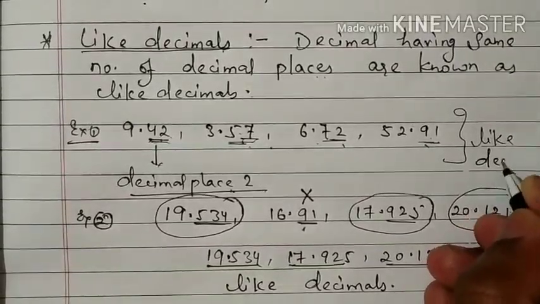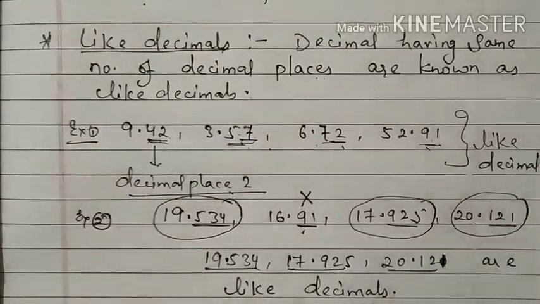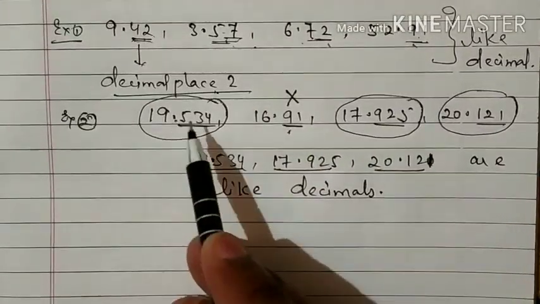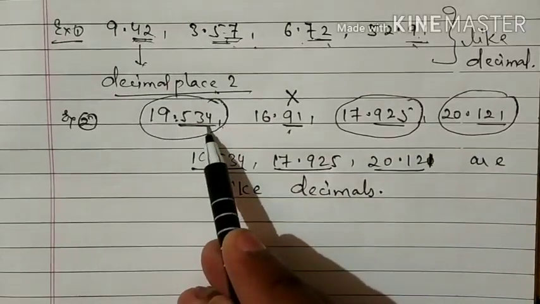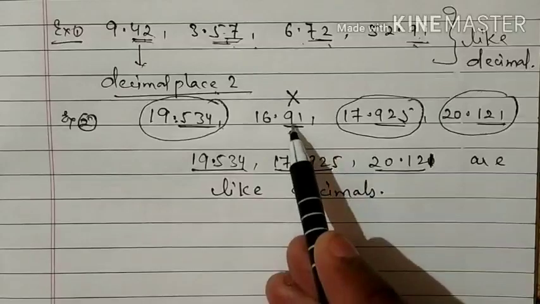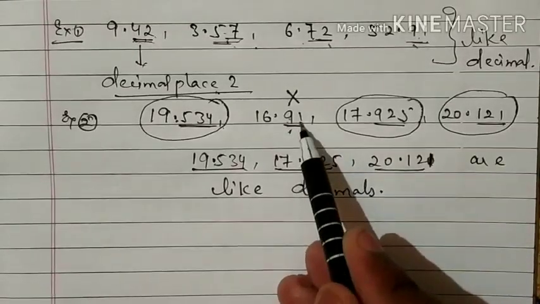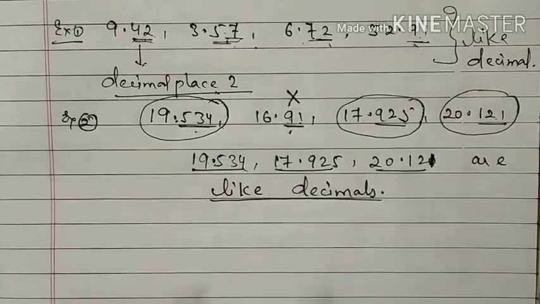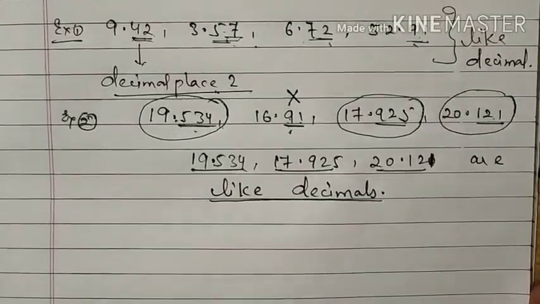In this other example, after the decimal we have 3 digits: 3 places of decimal, 3 places, 3 places, and this one is 2 places. So these 3 will be the example of like decimals. I hope it is clear to everyone.